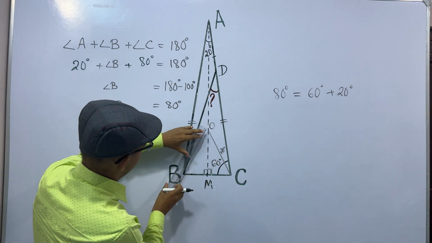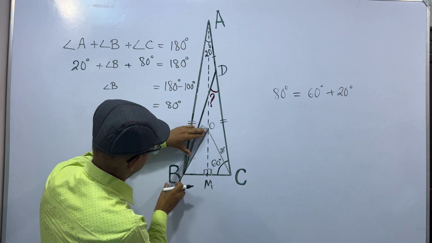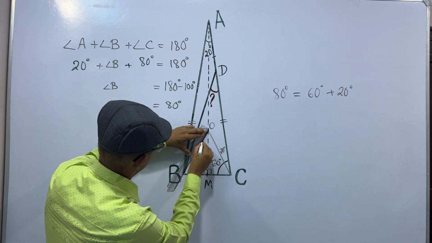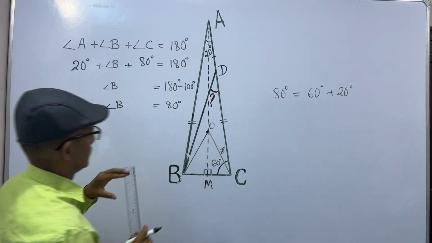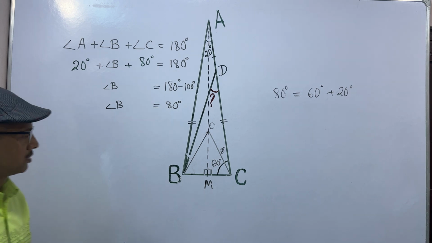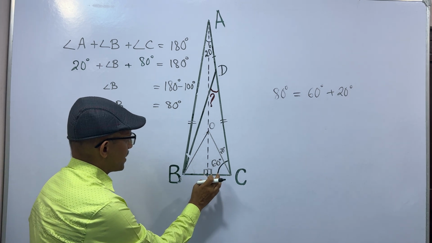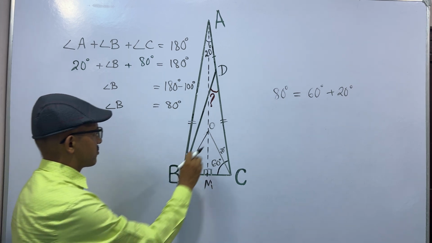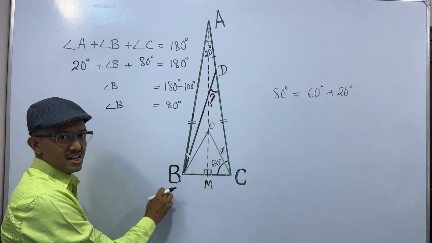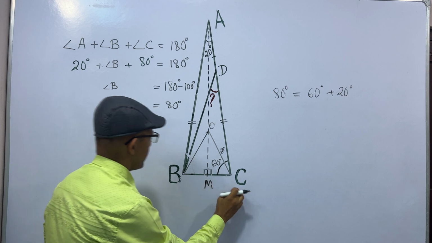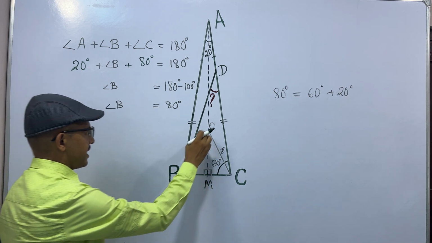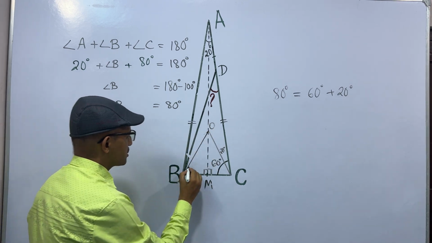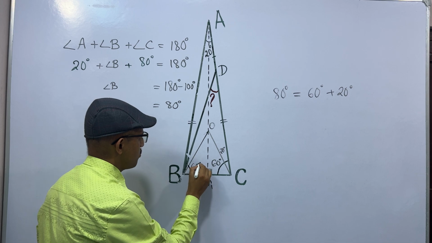And then we join OB. Now we can apply side-angle-side congruence to say that triangle OMB is congruent to triangle OMC, and angle OBM must measure 60 degrees as well.